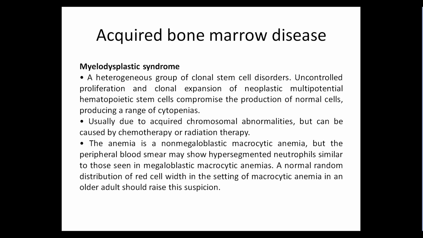The anemia is a non-megaloblastic microcytic anemia, but the peripheral blood smear may show hypersegmented neutrophils similar to those seen in megaloblastic anemias. A normal random distribution of red cells in the setting of microcytic anemia in an older adult should raise this suspicion.